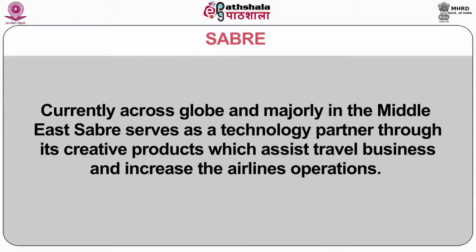Sabre enjoys being a partner of AMR, which is the parent company of American Airlines. Currently across the globe, and majority in the Middle East, Sabre serves as a technology partner through its creative products which assist travel business and increase the airline's operations.